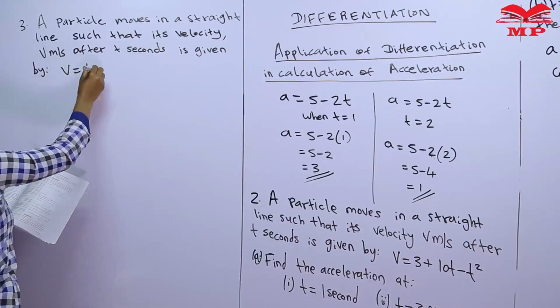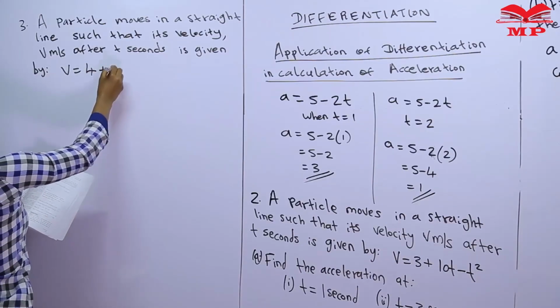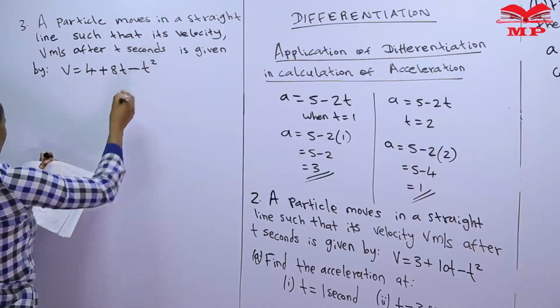V is equal to 4 plus 8t minus t squared.